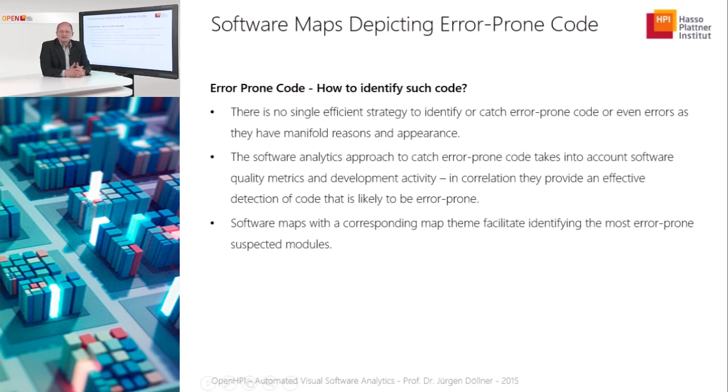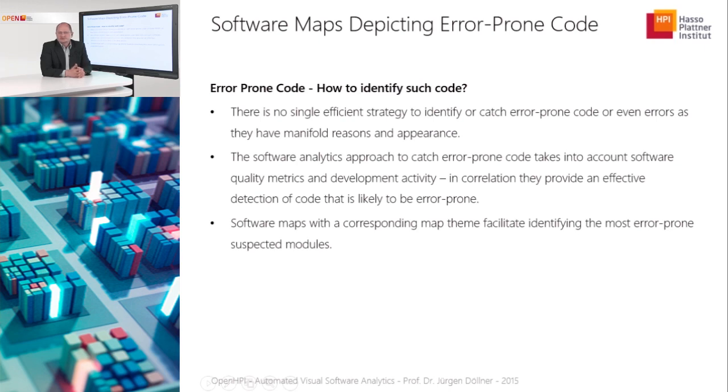The software analytics approach to catch error-prone code takes into account the factors, namely software quality metrics and development activity. So it correlates these two categories of information about complexity and changes to provide an effective detection of code that is likely to be error-prone.